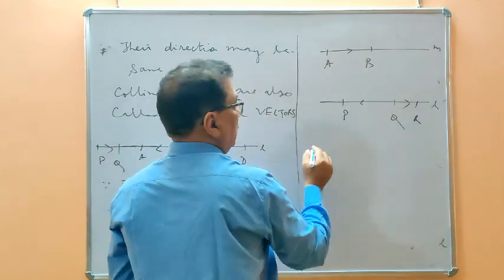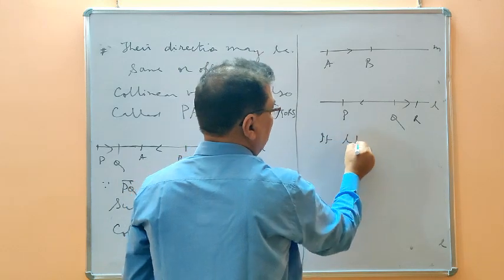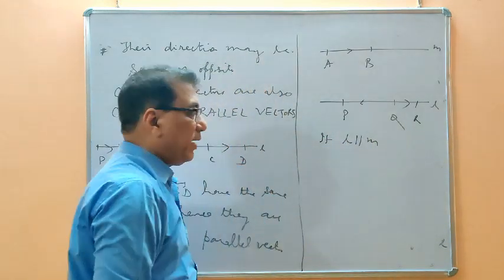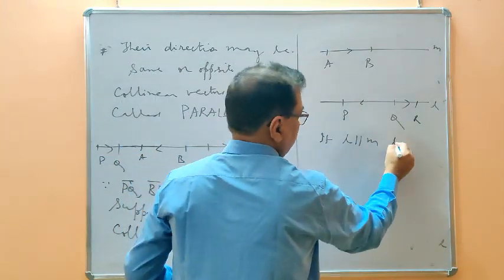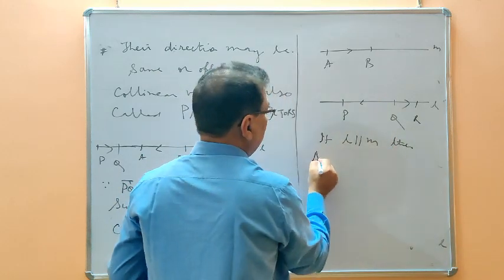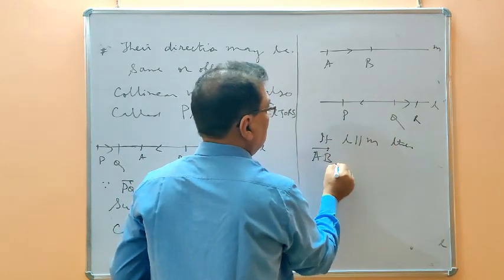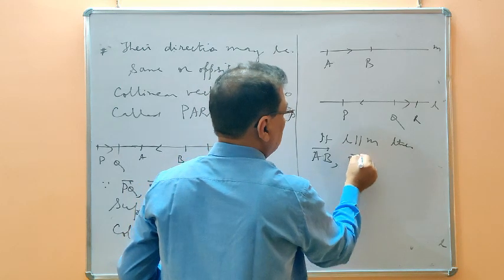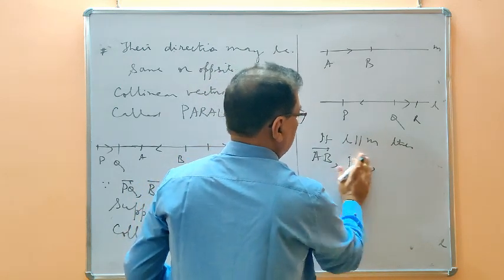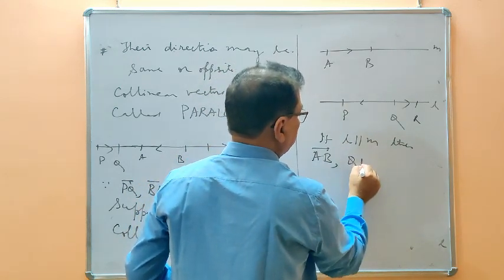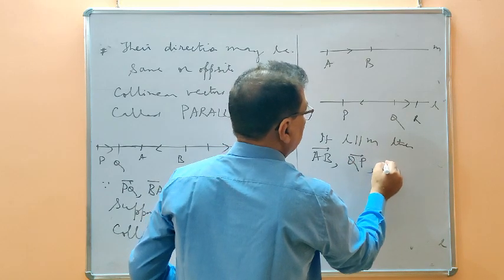So if L is parallel to M, means if the supports are parallel, then AB, PQ, and this is QP and QR.